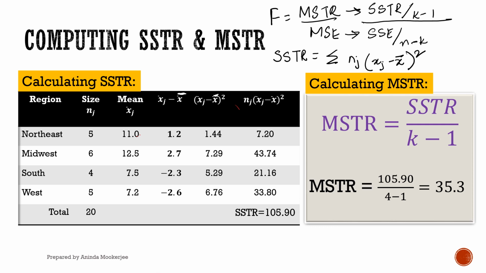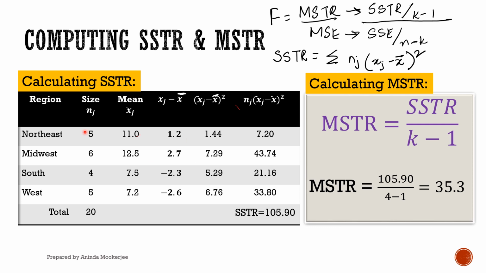So we have our x sub j values, but we do not have our x bar values. Now there are 2 ways to find your x bar, that is the overall mean. All the data points for all the regions put together represents the total sample mean, in other words, right?